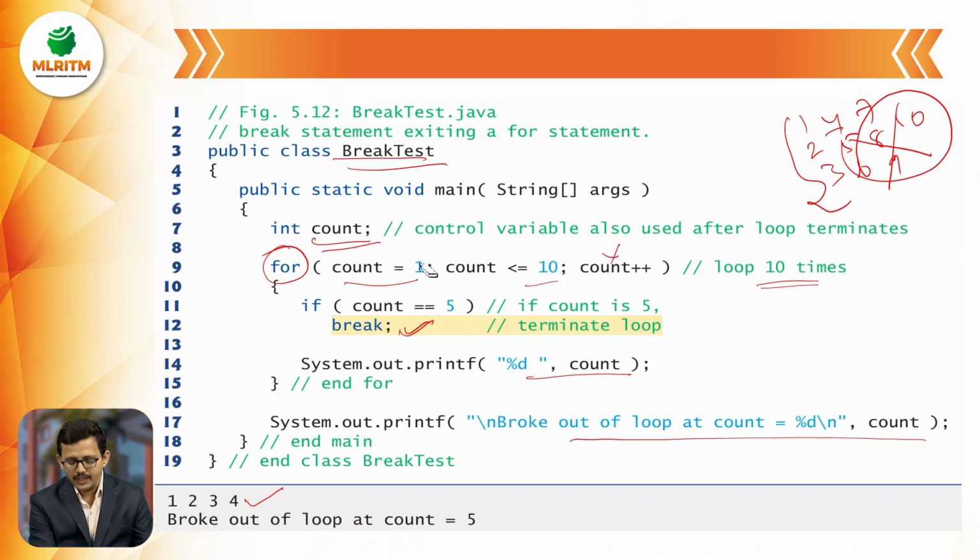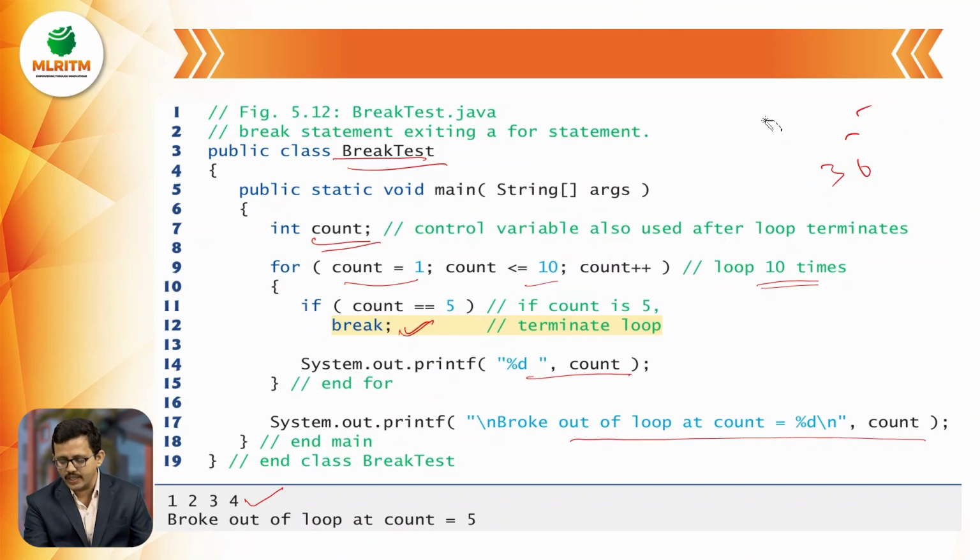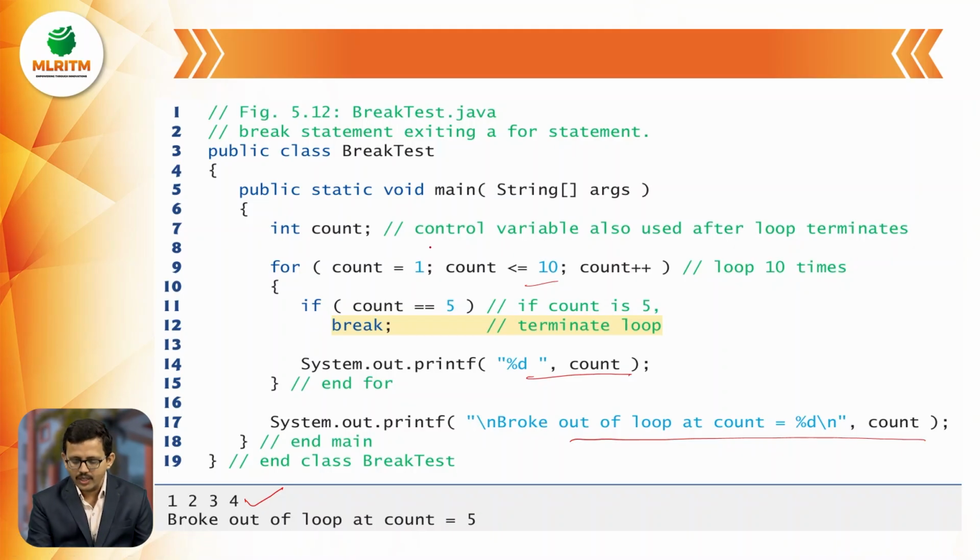If you remember the for loop we studied just before, let us see the order of execution here. First it goes to count is equal to 1. This is your first step. What is the second step? It checks the condition count less than or equal to 10, which is true.